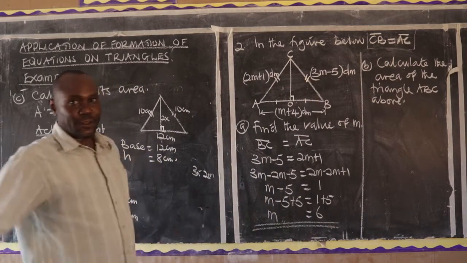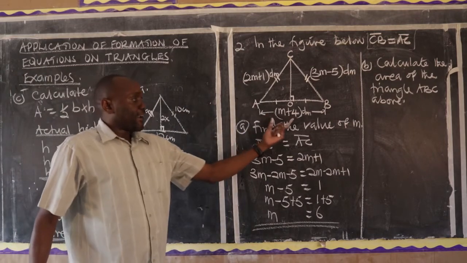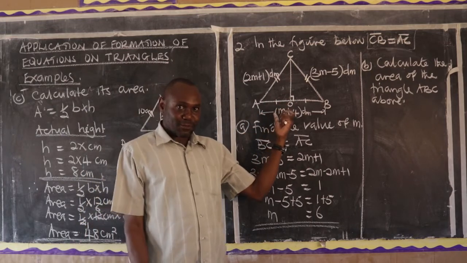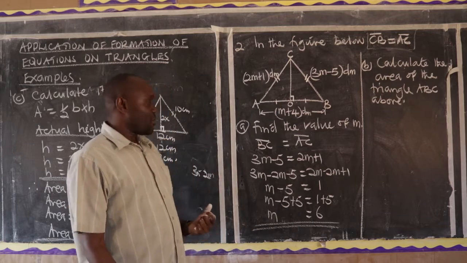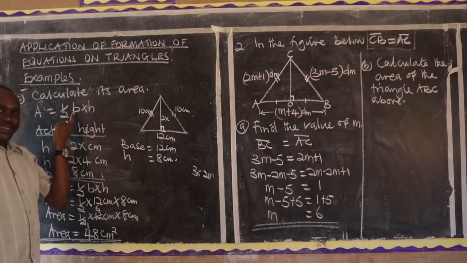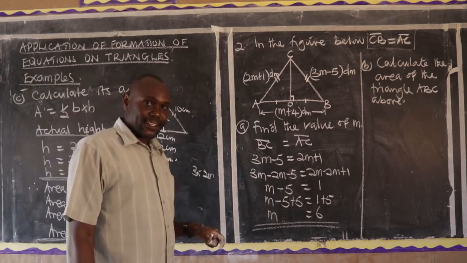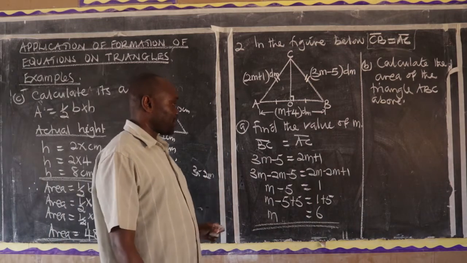That is question B. Now we are supposed to find the area of this triangle. And we know that for us to find the area of the triangle, we must know the actual base and then the actual height.